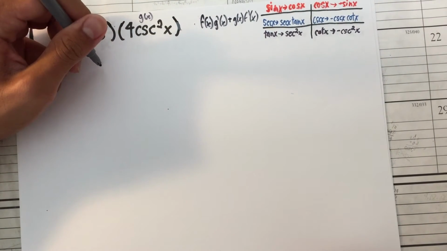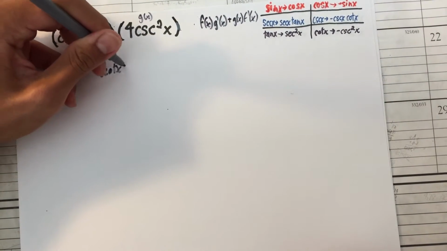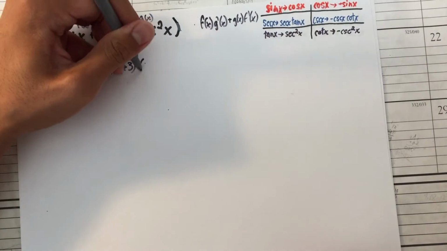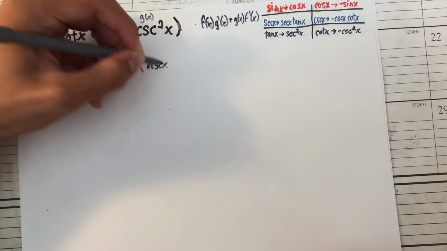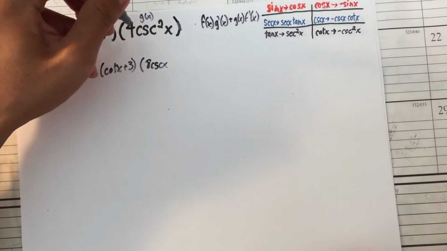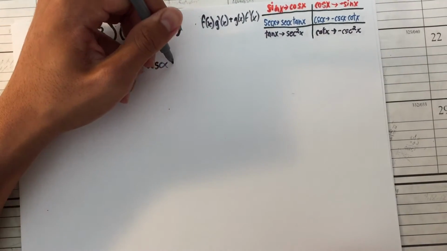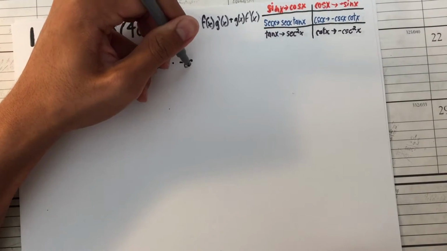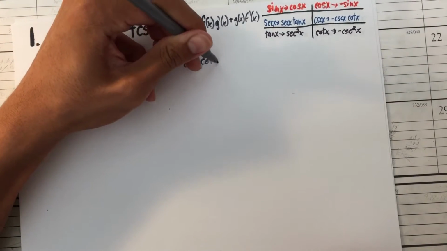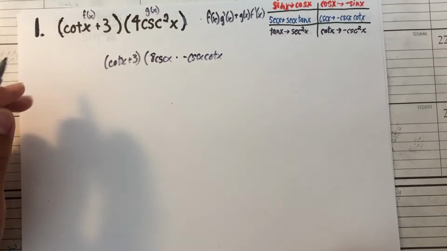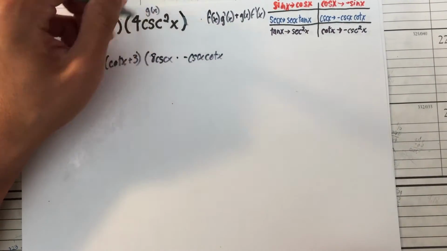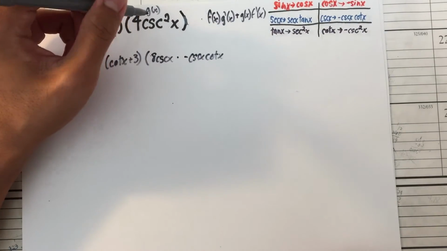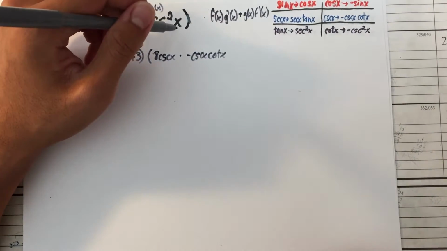So what will end up happening is we get cotangent x plus 3 times 8 cosecant x, because you use the power rule here and you multiply it with the coefficient, times negative cosecant x cotangent x, because using the chain rule you end up having the 4x squared function, and then inside that squared function you have the cosecant x function.